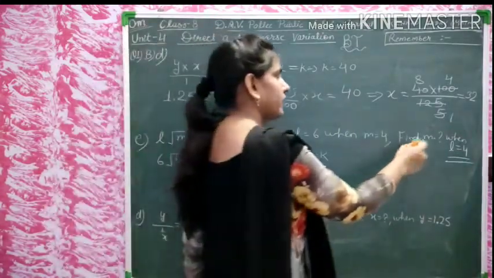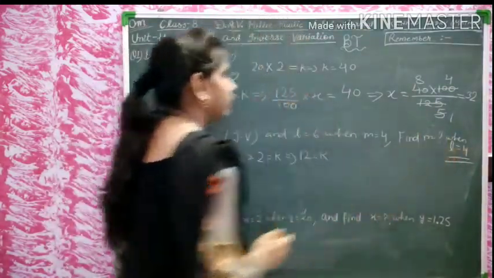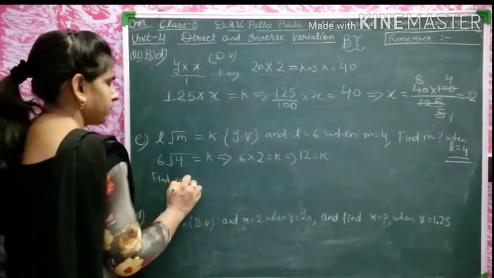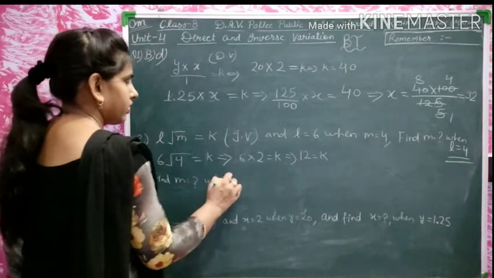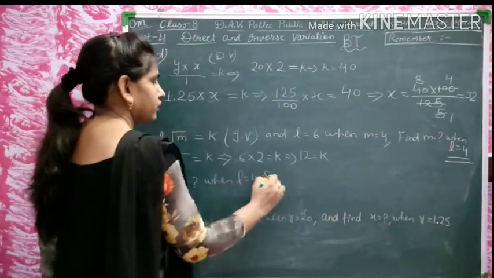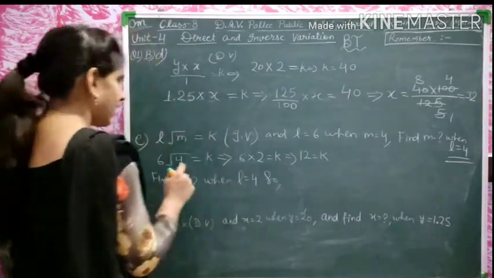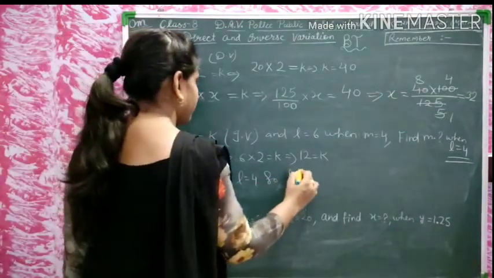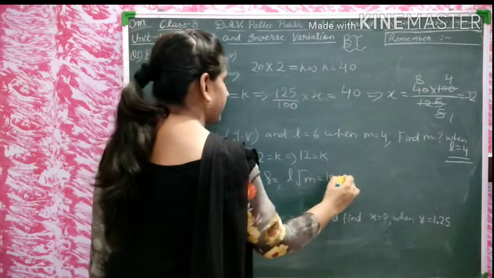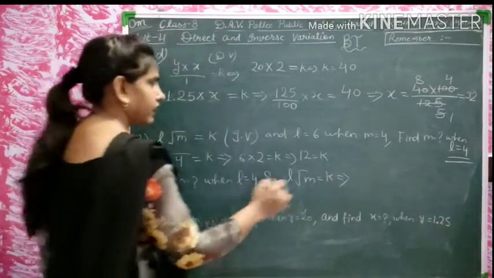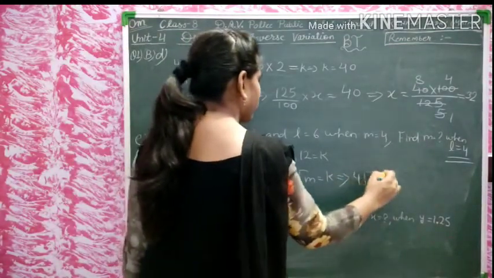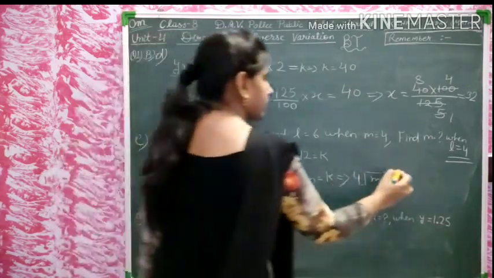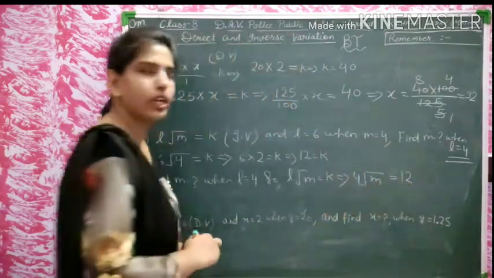Now we will find the value of m when L is equals to 4. So L is equals to 4. L into root m is equals to k. It implies L is 4, and square root of m is equals to what is the value of k? That is 12. We have to find the value of m here.